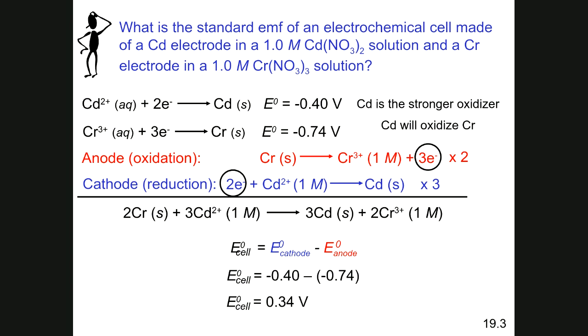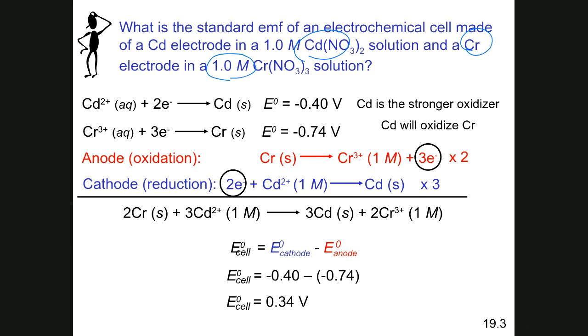Standard potential for a cell that is made of cadmium and chromium in 1.0 molar chromium nitrate. So if this reaction is spontaneous, the total must be a plus value.